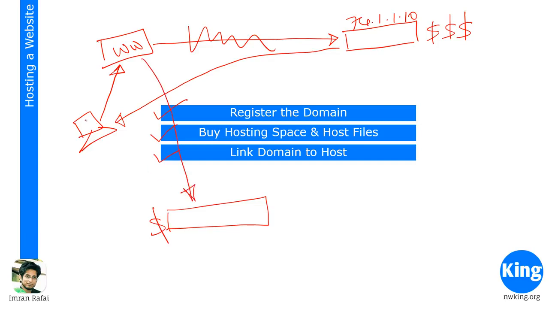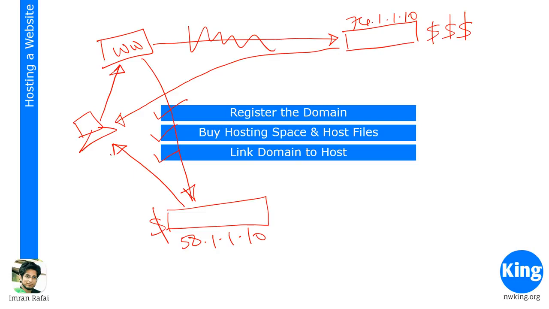So next time somebody goes to www.imran.com, this will redirect to my new server, which is, let's say, 50.1.1.10, just a random number, and this server will send the reply back to your computer, and your computer will get those same website.